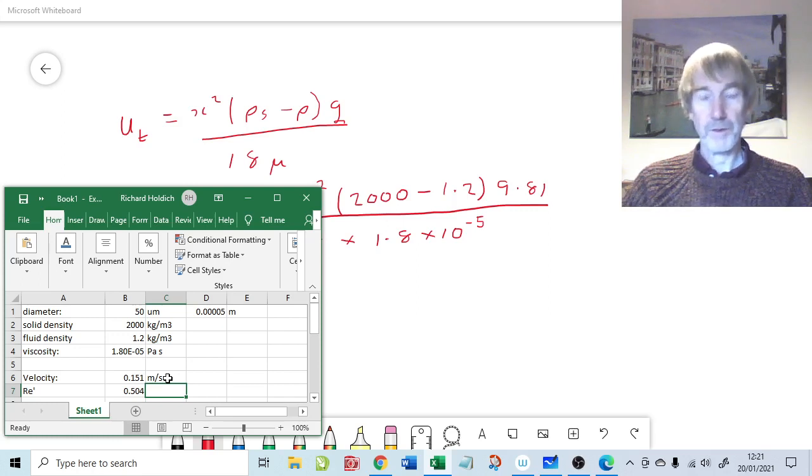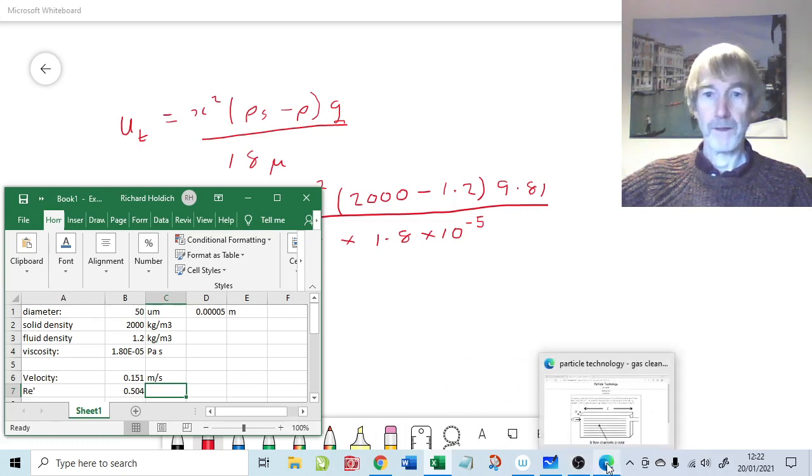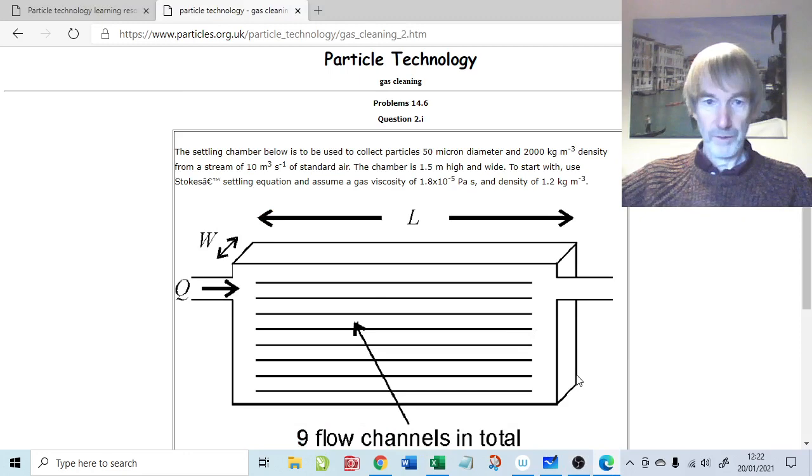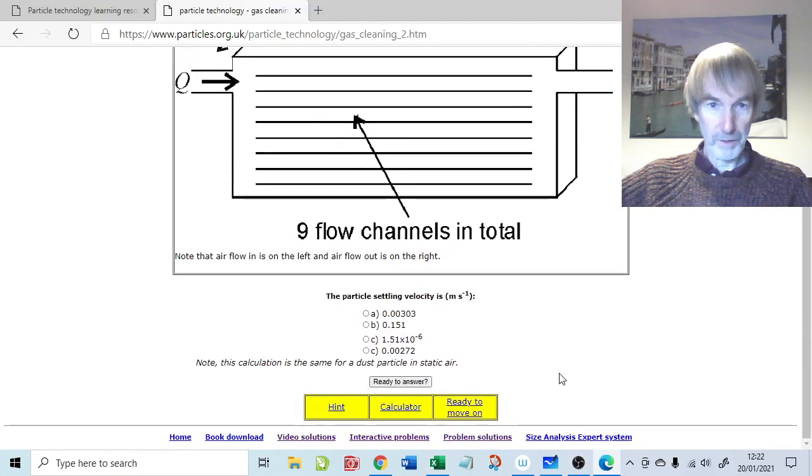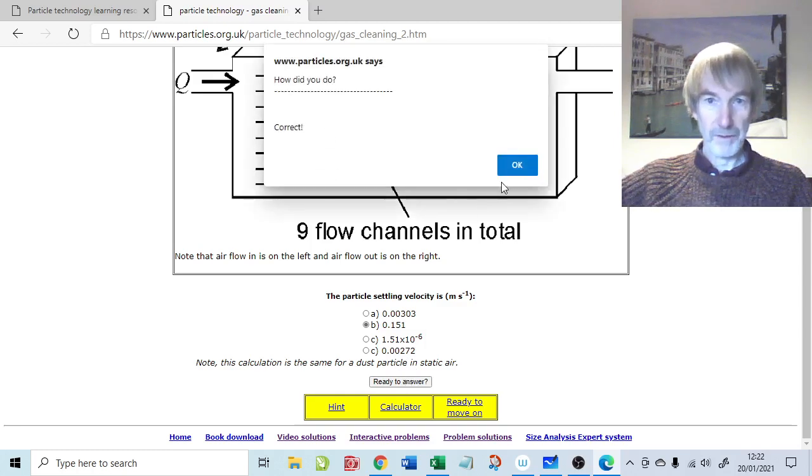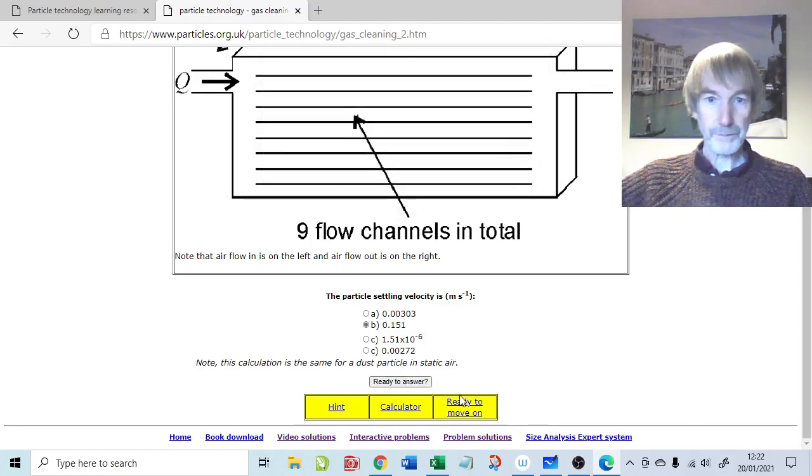If it doesn't work for what we're about to design, it won't work for something with an even slower settling velocity. So we'll stick with 0.151 for the moment. Going back, we're told to use Stokes's settling equation, so there's no problem with going ahead, and 0.151 is correct. That's good news, so we move on.